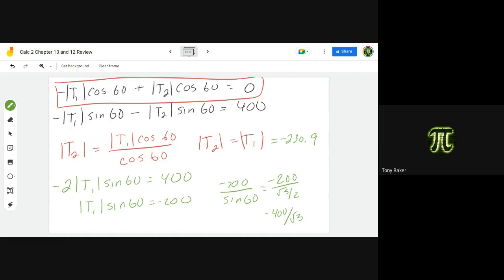So my magnitude is negative 230.9. And remember, all that does is reverse things, so it doesn't make a difference if it's positive or negative. It will still come out to be the exact same thing, just going the opposite direction. So you're still going to have the same two things.